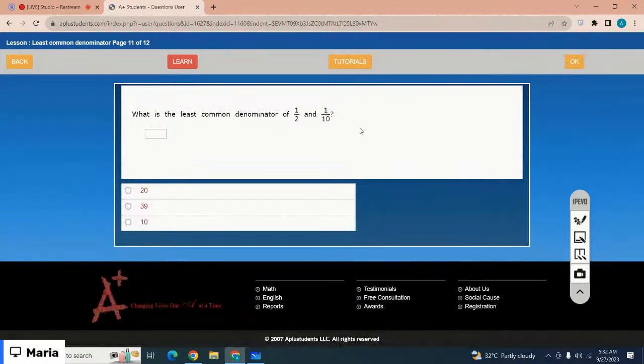1 by 2 and 1 by 10, which is the correct option? Yes, that would be very good. Which is the correct option? Very good, that is 10.